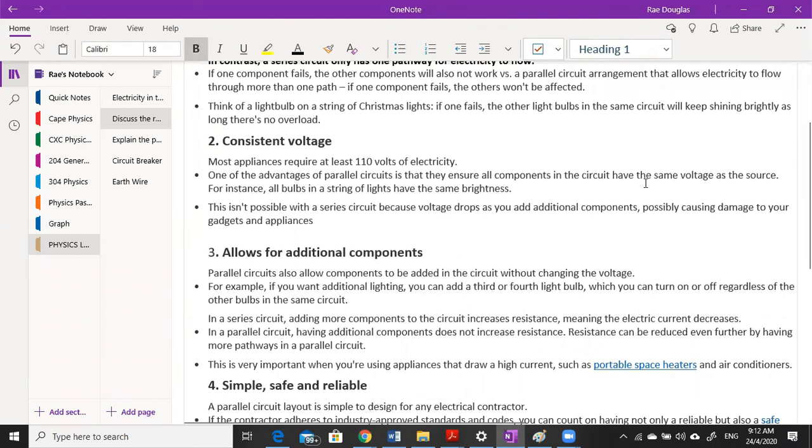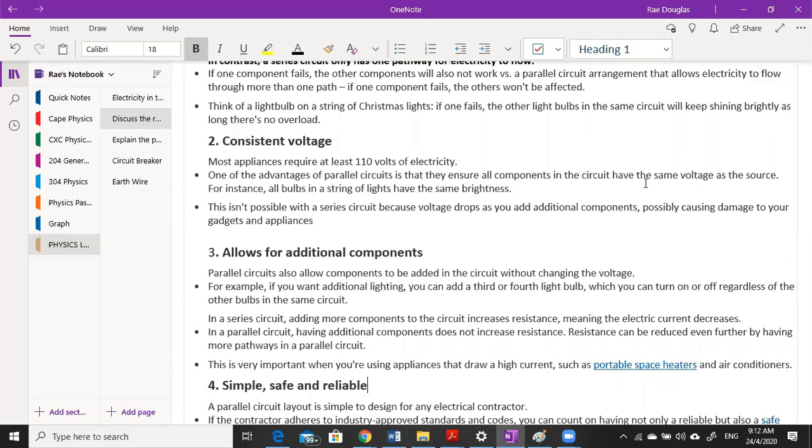Whereas if you are looking at a series circuit, as you increase your components, you're increasing your total resistance. Which means it's going to have a different voltage drop across each component.